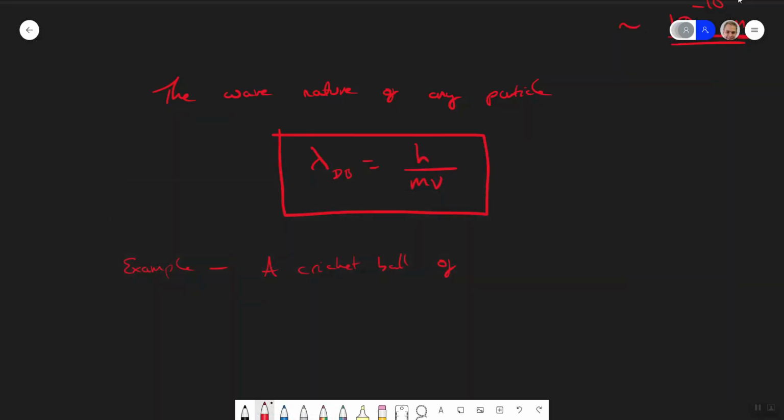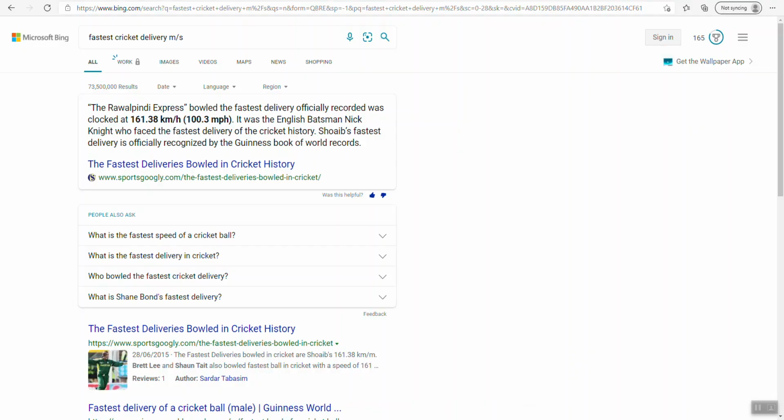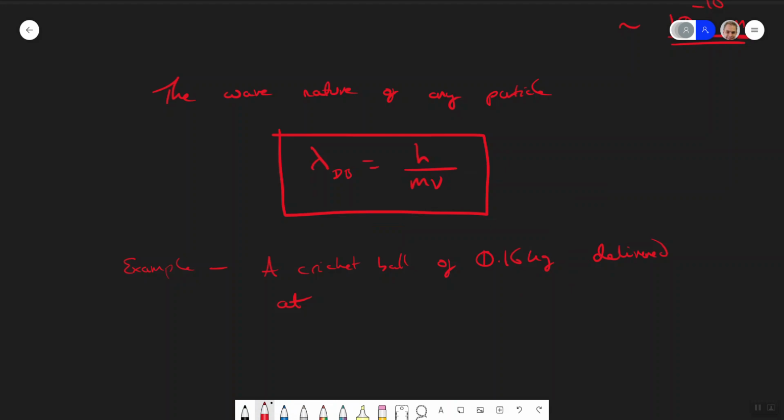So we've got 0.16 kilograms delivered at 160 kilometers per hour. So 160 over 3.6, I believe it is. So delivered at 45 meters per second.